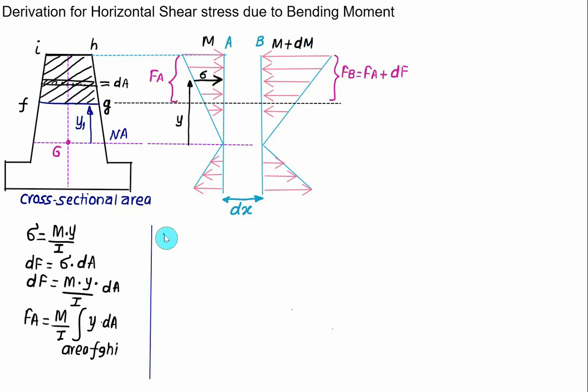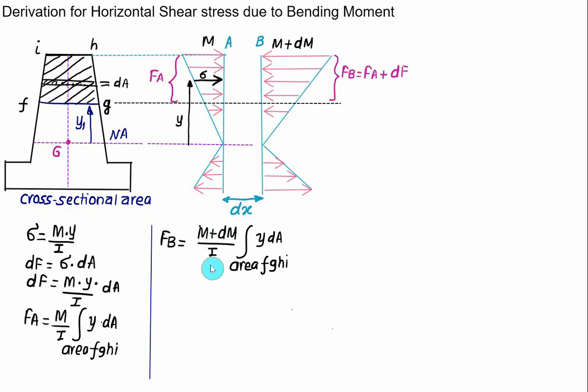So we have the net force acting at the section plane B, FB, equal to M plus dM divided by I, that is the bending moment, multiplied by integral y dA, and we have the same area, the hatch area FGHI. Naturally, because of M plus dM, FB is supposed to be the higher value, and the difference between FB and FA we will denote as dF.